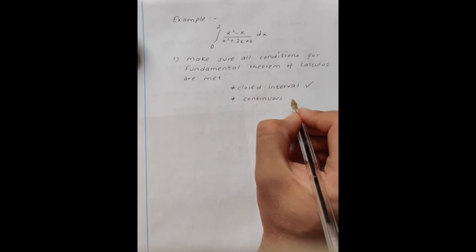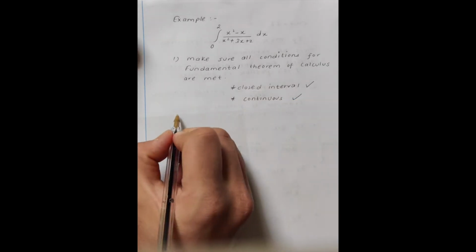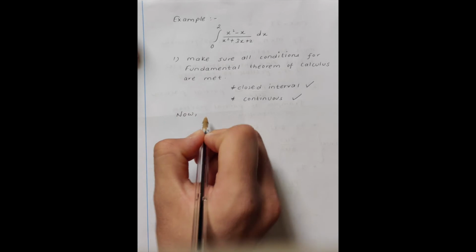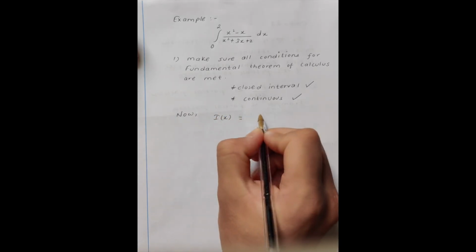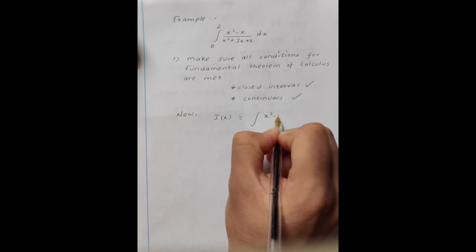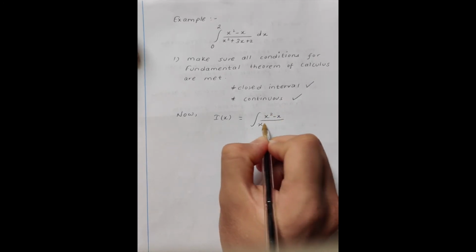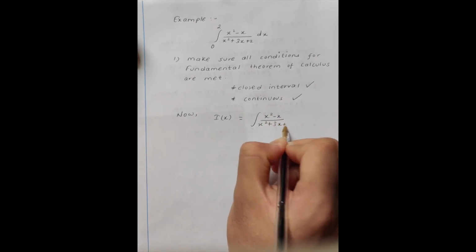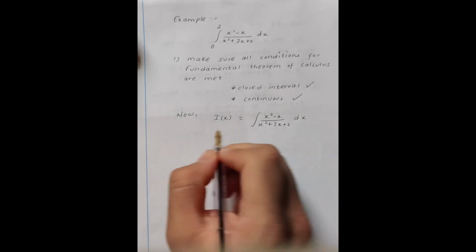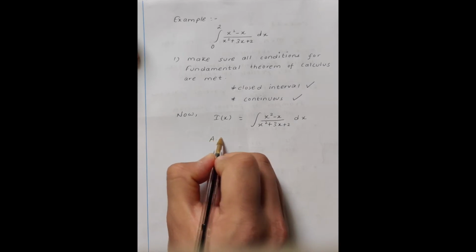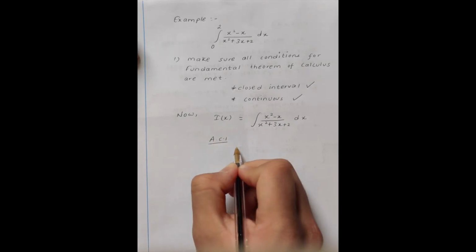And as you can see, these two hypotheses are met. So now we need to know the integral of this rational function. Let's call the integral of this rational function capital I. And now we need to find this function capital I.